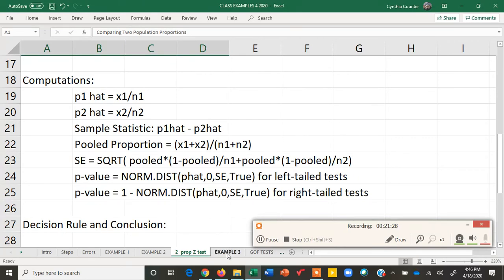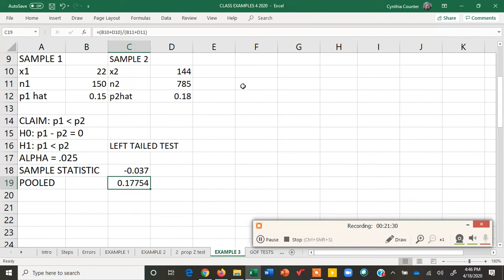But let's see, if we were just to take these proportions and find their average, add them up, divide by 2, we get 0.165.